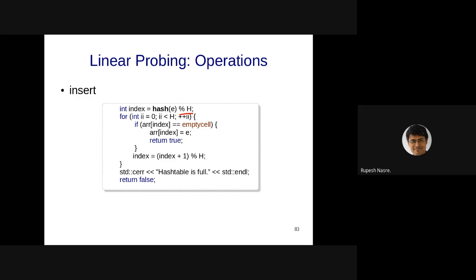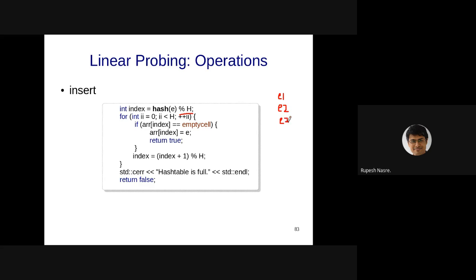And suppose E2 gets deleted. If E2 gets deleted, then I am going to look for the next empty entry. And therefore, if I am searching for E3 now, which is actually present in the hash table, right? So let's say there is E1, then there is E2, and then there is E3, right?